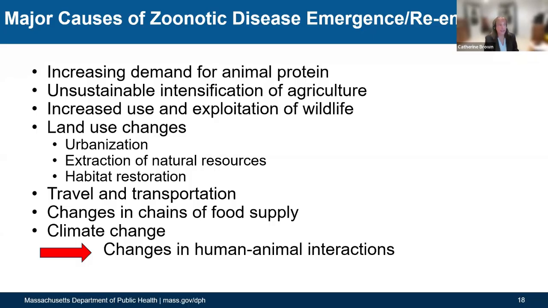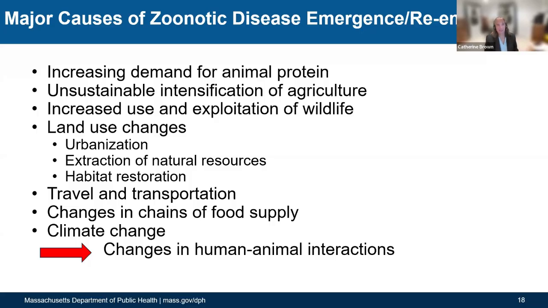And the same is true for land use changes. As we take more and more land for human development, we are putting people and animals into competition with each other for the same spaces. When we go out and try to extract natural resources from the earth, we are also going into competition with animals for the same land. And those are things that again change and increase human animal interactions.